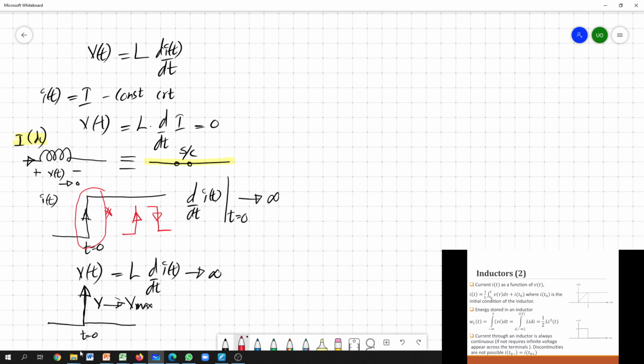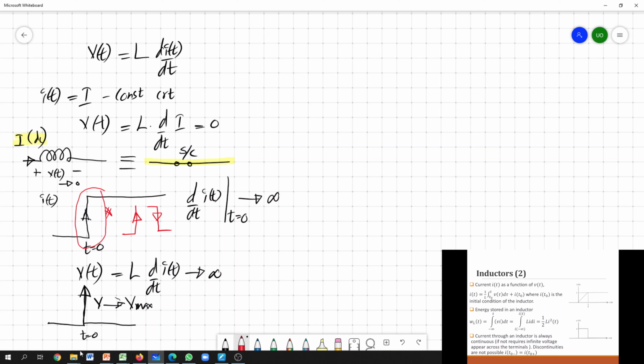Because once we apply a sudden rise or fall through the inductor, the induced voltage becomes a very large value, and the rest of the circuit cannot tolerate that very large induced voltage, so it's not possible.